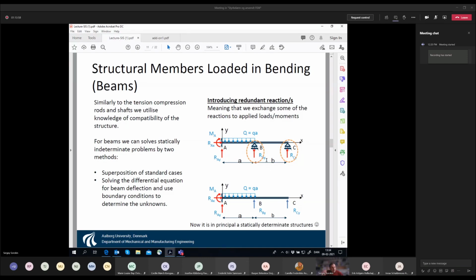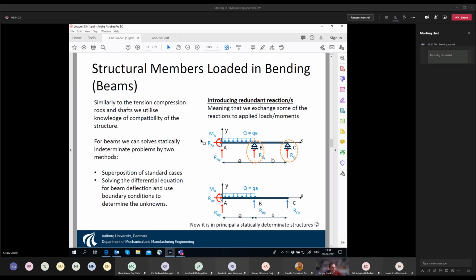So the logic is that we have this system, and we immediately see that we have as many as 5 unknown reactions. We have 2 forces and a moment at this clamped edge, and then we have this sliding support. So we have a vertical force here, and here we also have a vertical force.